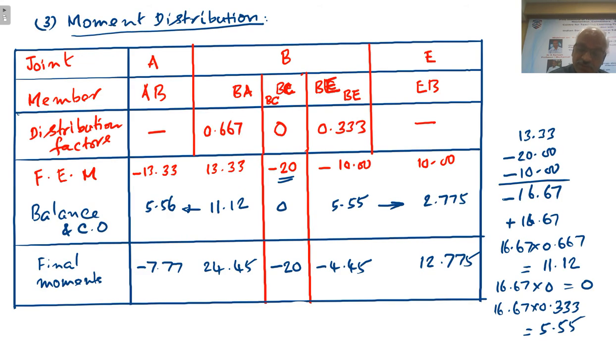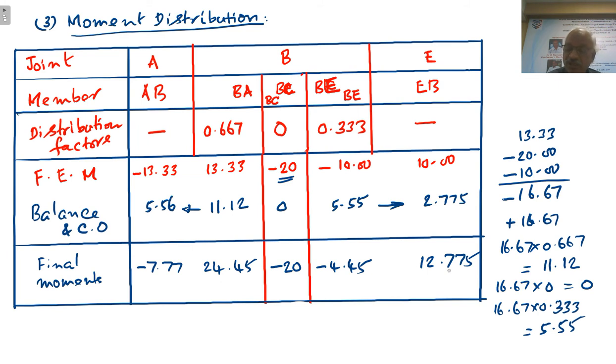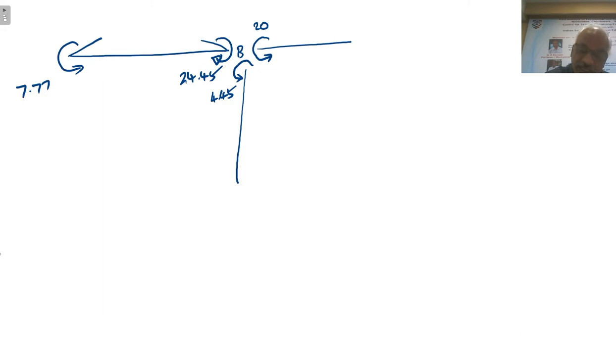And one more value for the member BE, it is minus 4.45, therefore this is anti-clockwise, minus 4.45, and for this member it is 12.775 plus, therefore here it is plus 12.775. So this is for the joint E, this is A, this is B, this is C, right.